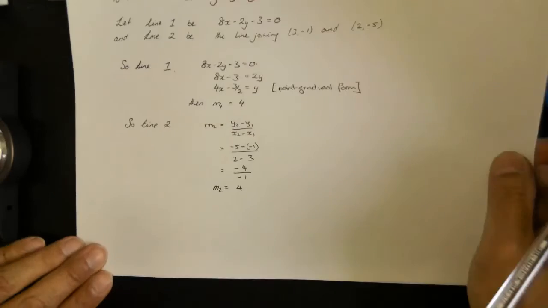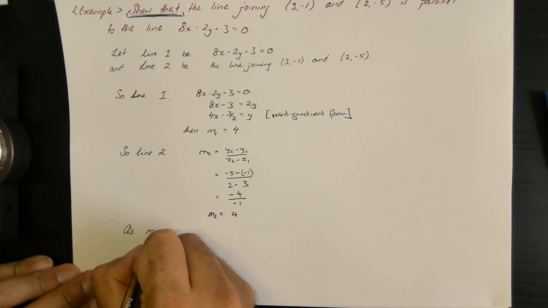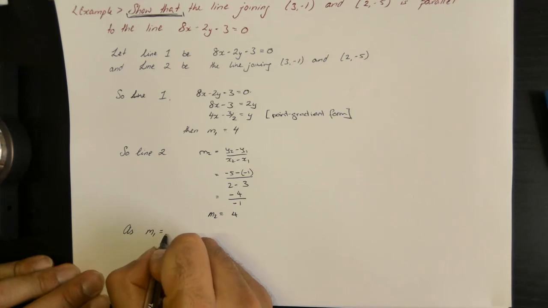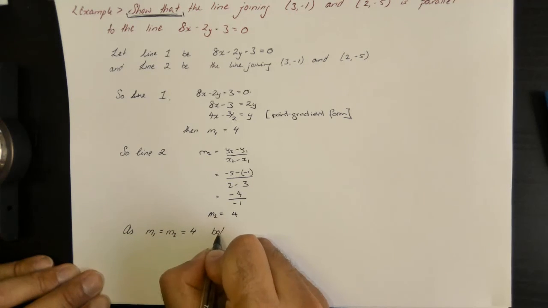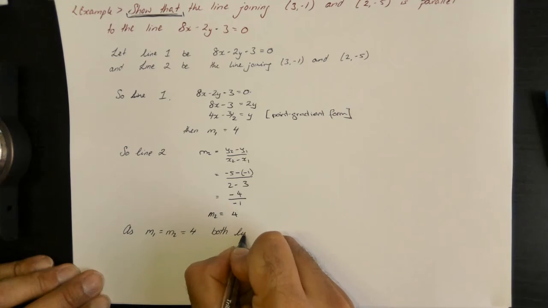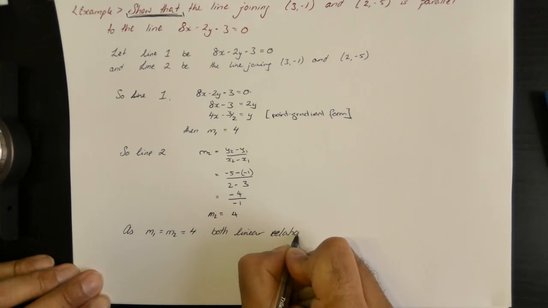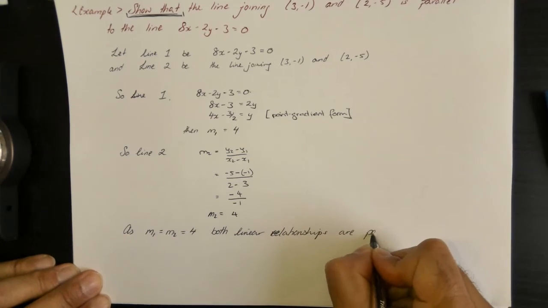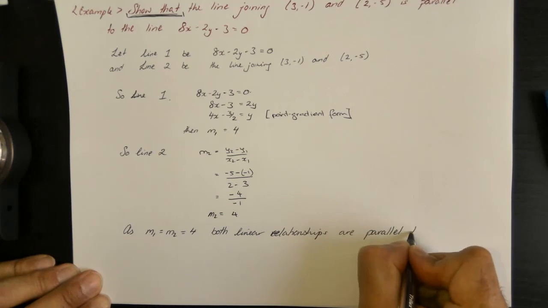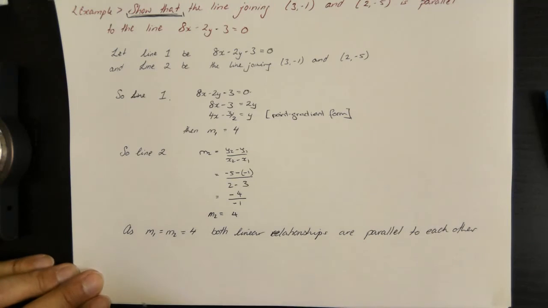Finishing up, as m1 equals m2, which equals 4, both linear relationships or equations are parallel to each other.